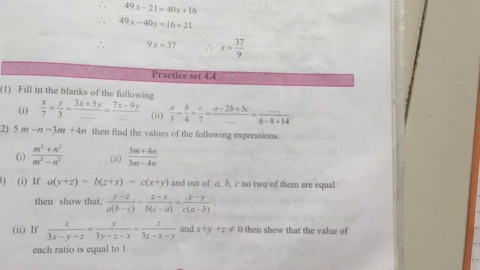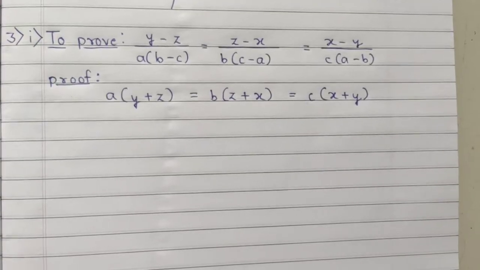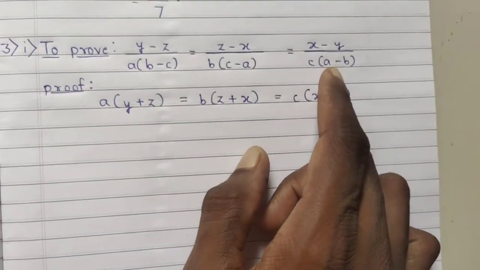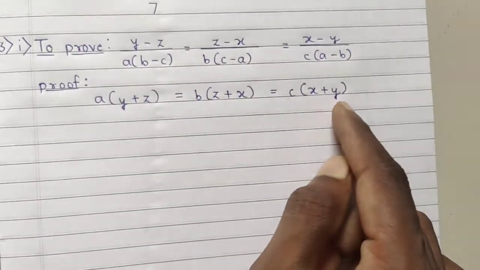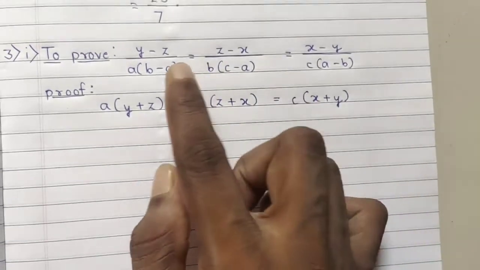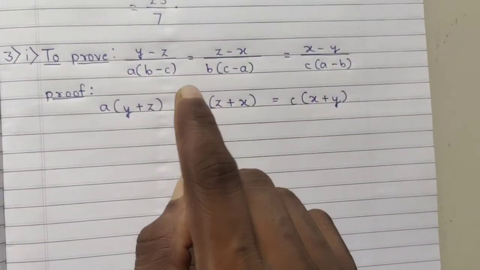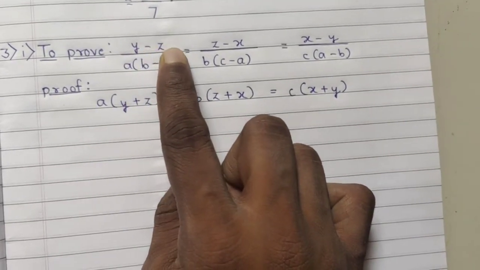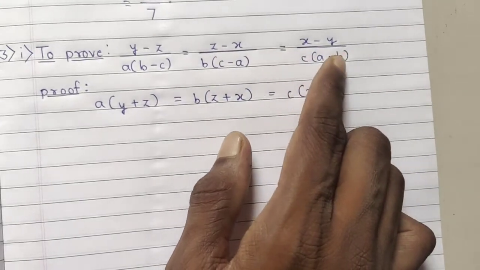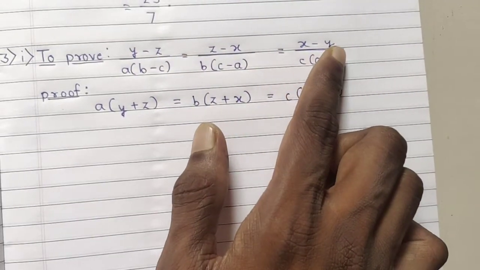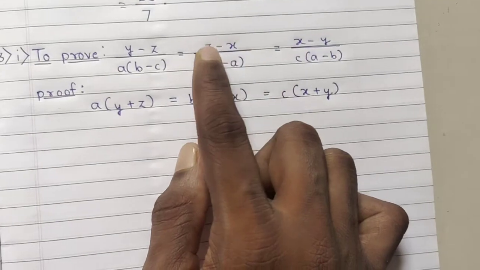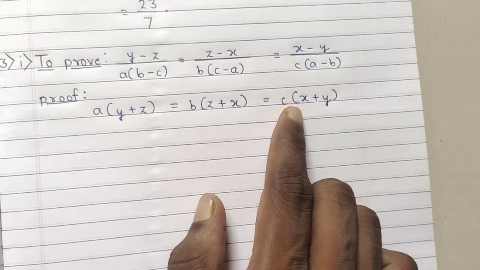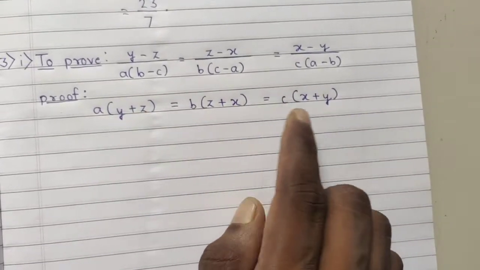Let us see the solution first. I have written what we need to prove and what is given to us. By using this we are going to prove this. Now see the numerator. In the numerator only x, y and z are present, but here a, b, c are there.